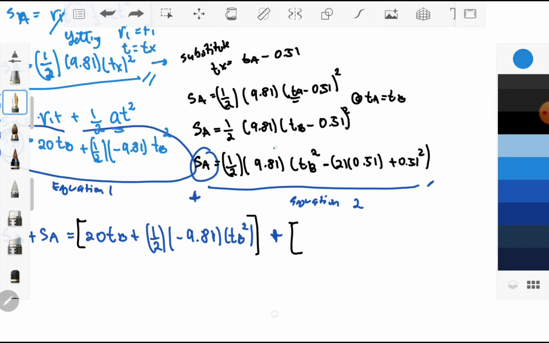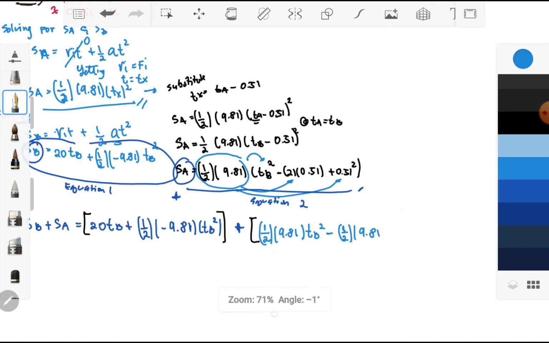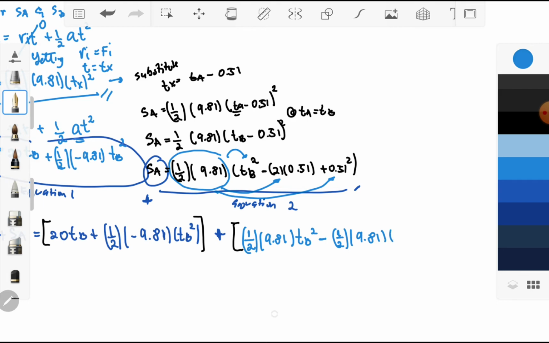What I am doing now is manipulating this by distributing this constant to those three different terms. So plus 1/2 multiplied by 9.81 multiplied by TB squared, less 1/2 multiplied by 9.81 multiplied by TB.